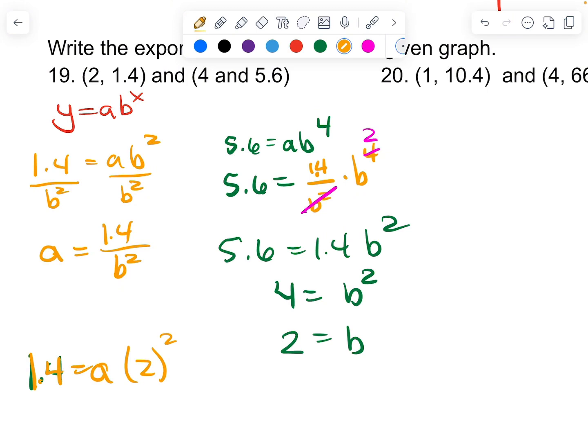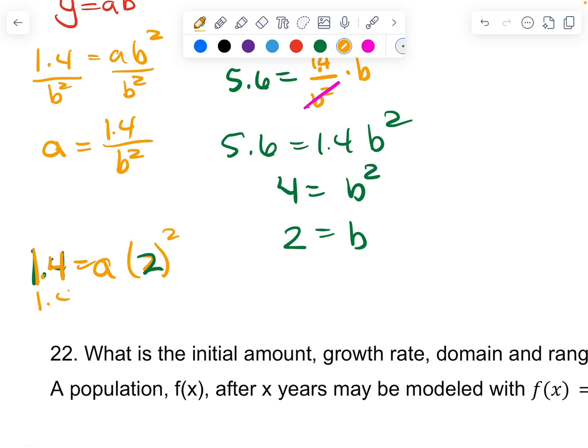So I'm going to get 1.4 equals a times 4, divide by 4. 1.4 divided by 4, I'm going to get 0.35 is equal to a.